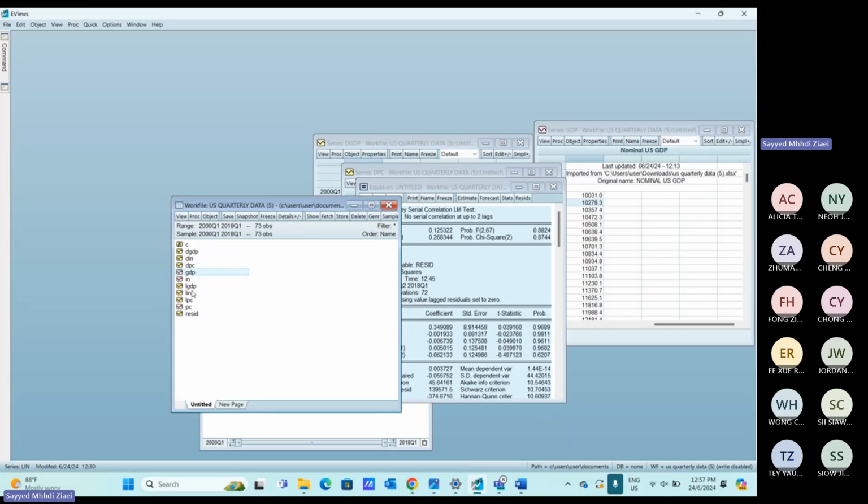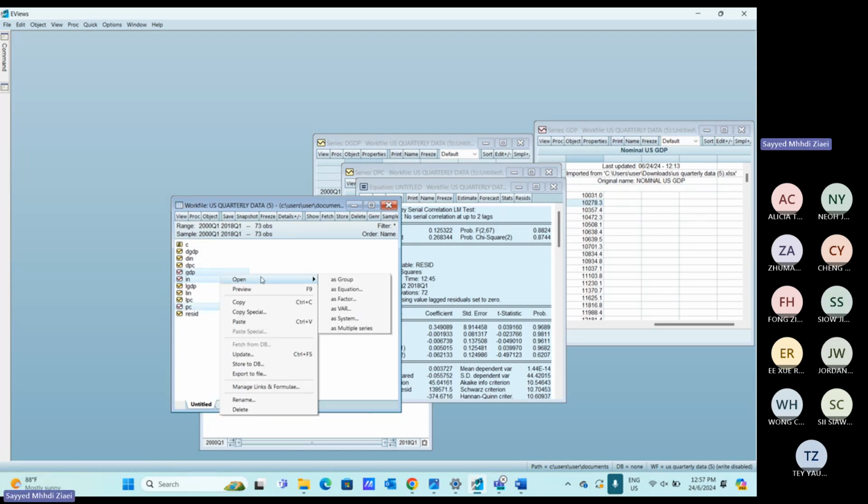Use control and take all these variables. Right click, open as group: GDP, IN, and PC, private consumption, investment, and GDP as group.